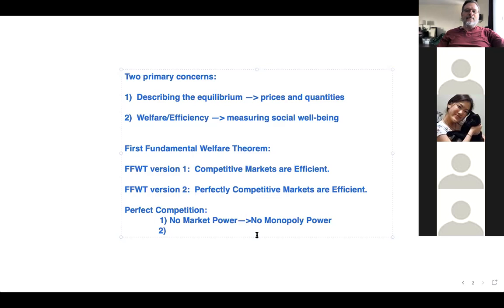But the reason why they mention monopoly power is that market power really means no ability for a buyer or a seller to unilaterally manipulate the market price.